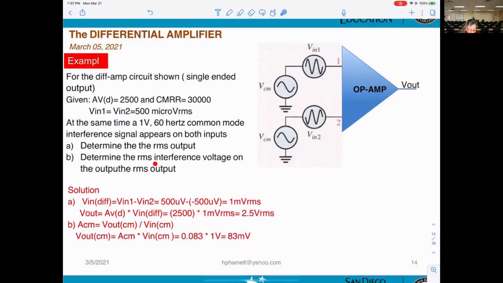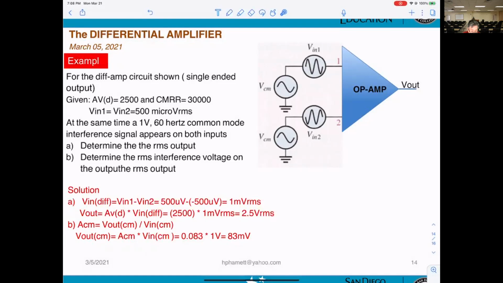Determine the interference voltage on the output. So that one is the interference, and also they give 1 volt. ACM equals Vout CM divided by Vin CM, so Vout CM equals ACM times Vin CM.